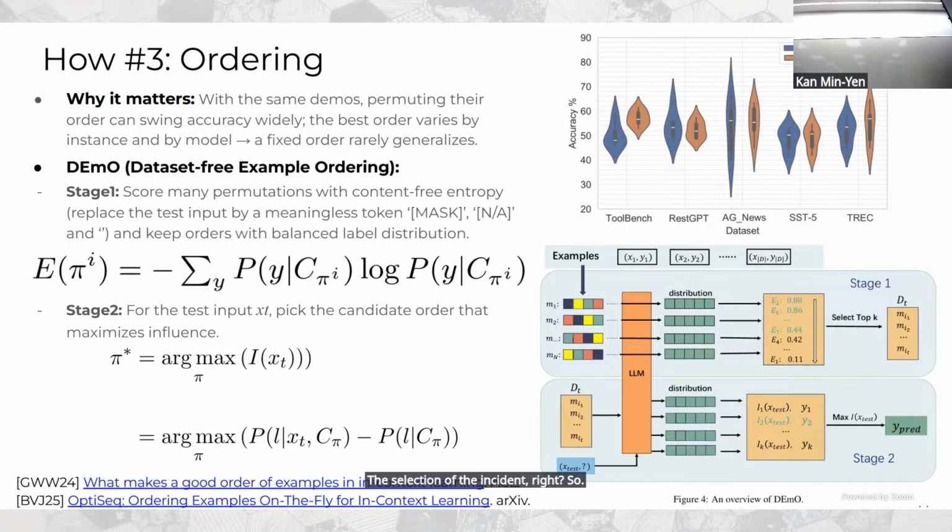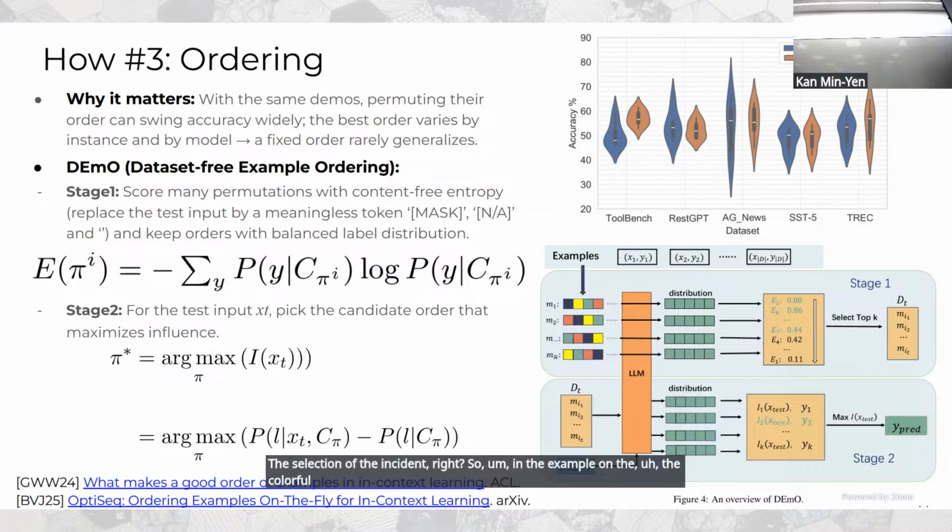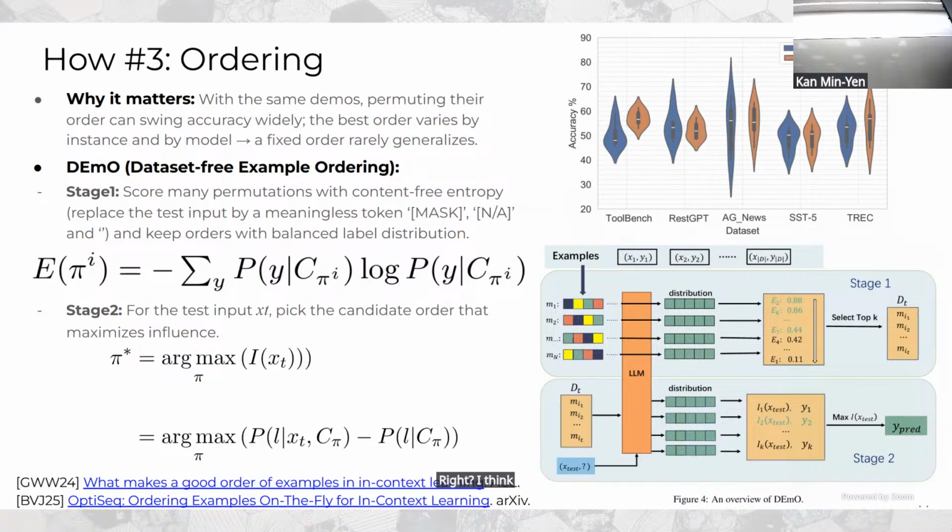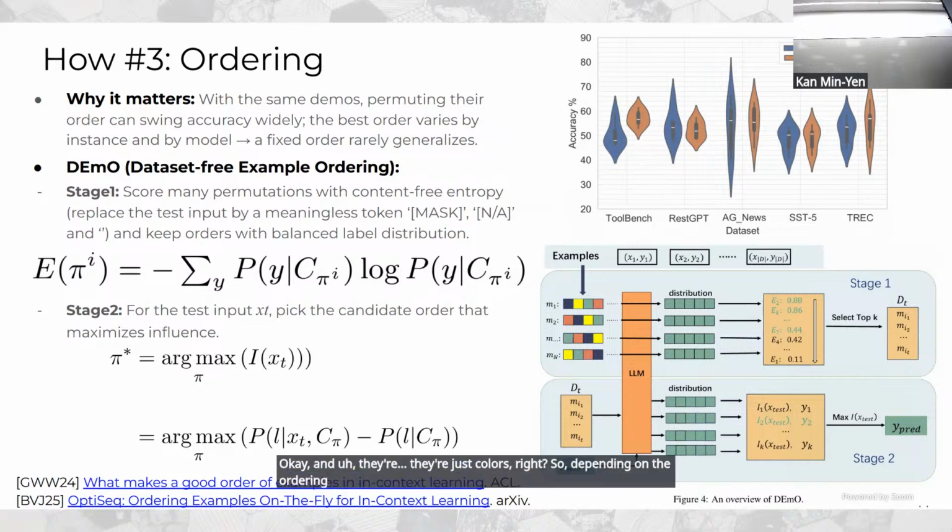So in the colorful examples in the top left of the blue figure, I think Zihang is showing 4 demonstrations. Okay, and they're just colors, right? So depending on the ordering of the demonstrations, you get a different result.